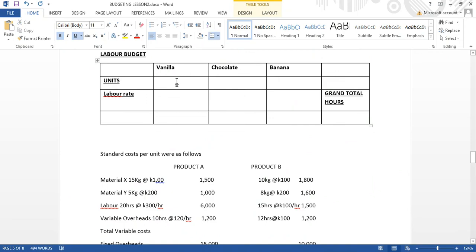So say 4,800 units vanilla, 4,900 units of chocolate, and 6,200 units of banana. Right.